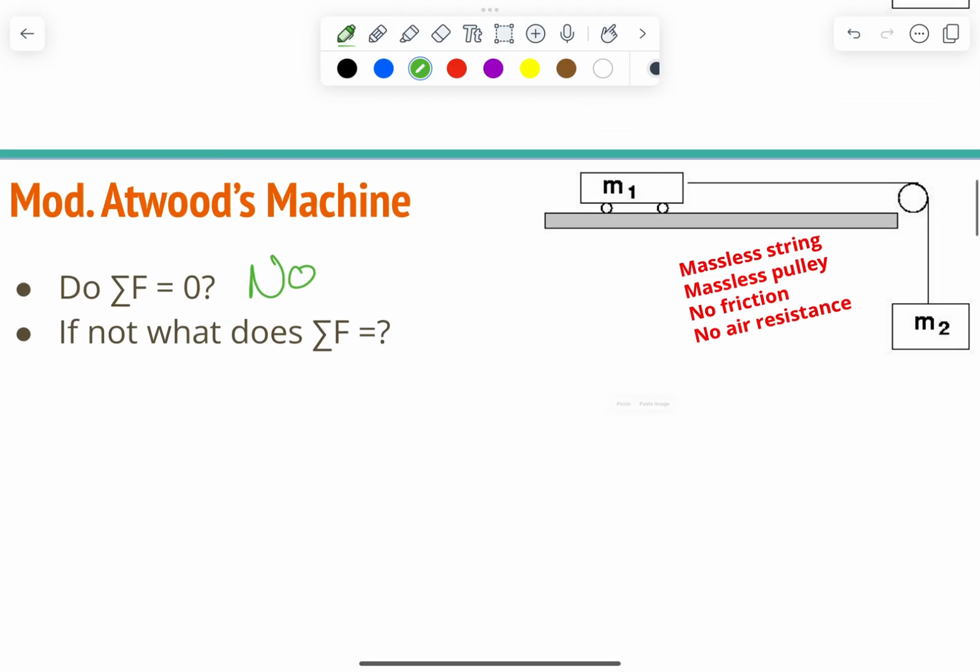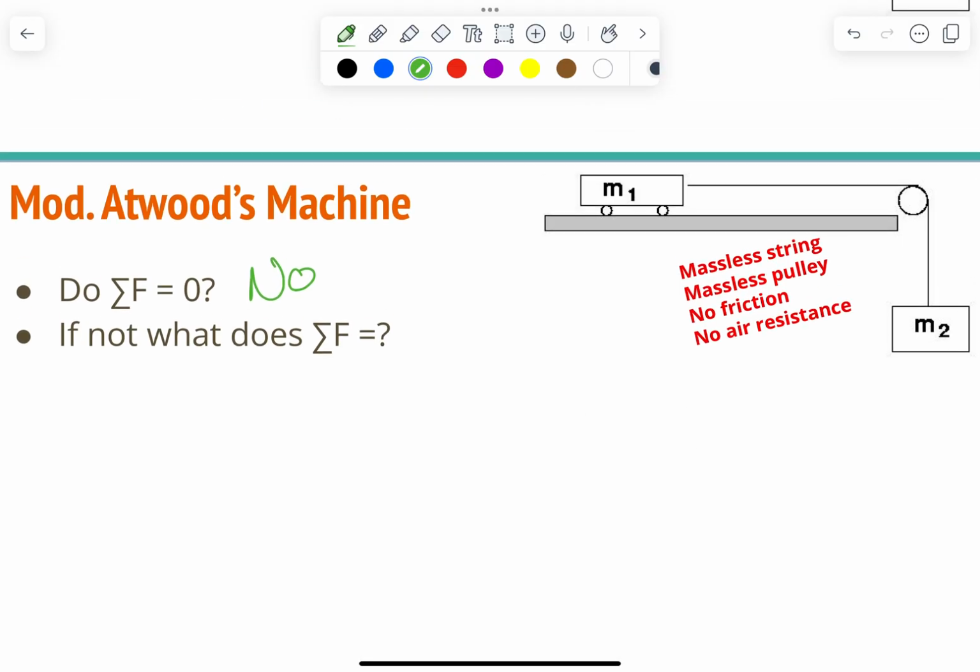Okay, so this is the tricky part. Now, my M1, let's do that thing where I did it in the last video. It was different in the last video a little bit, but M1 is being pulled by this mass 2.